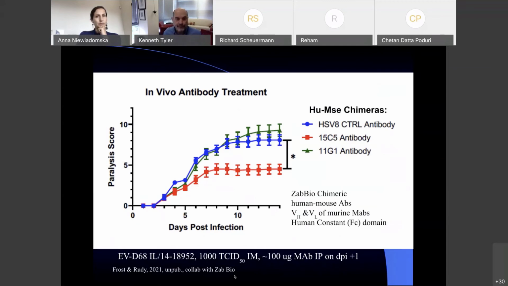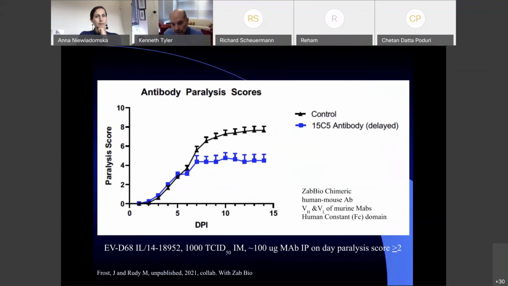Next slide. We were very excited in testing that good antibody, 15C5, in a delayed model of paralysis. So here, this is more like the human real world, where you wait until mice start to show weakness using our paralysis score, and then begin to treat them intraperitoneally with antibody.